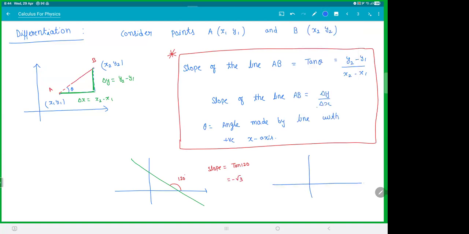Suppose if the line is like this, so the angle is always measured with the positive x-axis. So let's say if this is 30 degrees, remember this is your positive x. So here the slope is tan 30. Great, you got this thing. So great, I know slope of a line.